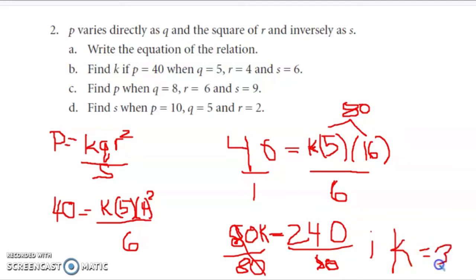Meaning to say, from this equation, we substitute K, which is 3. So your equation will be P is equal to 3QR squared over S. So the K disappears. That is your equation now, so we can use this to solve for the next two questions.